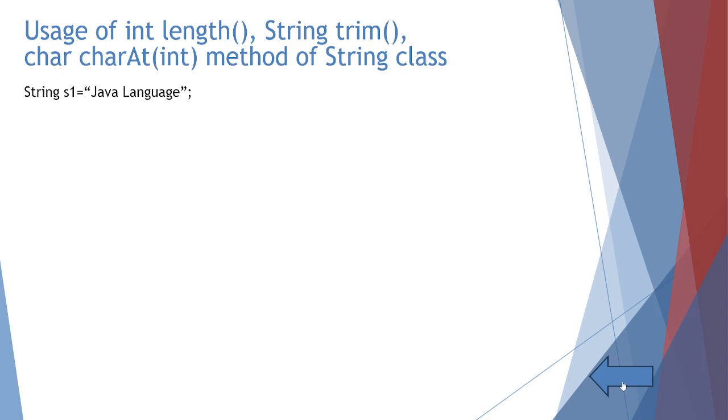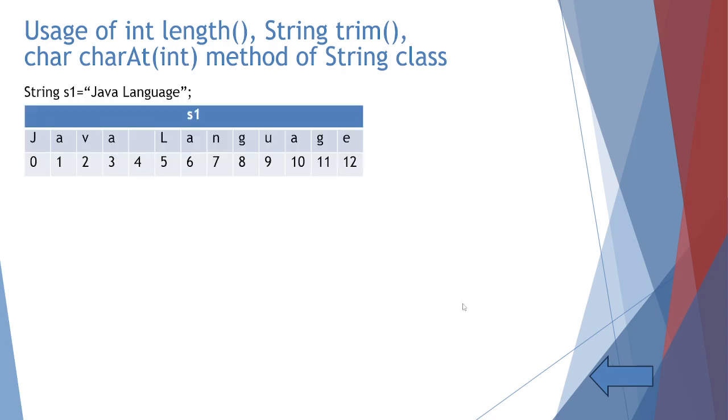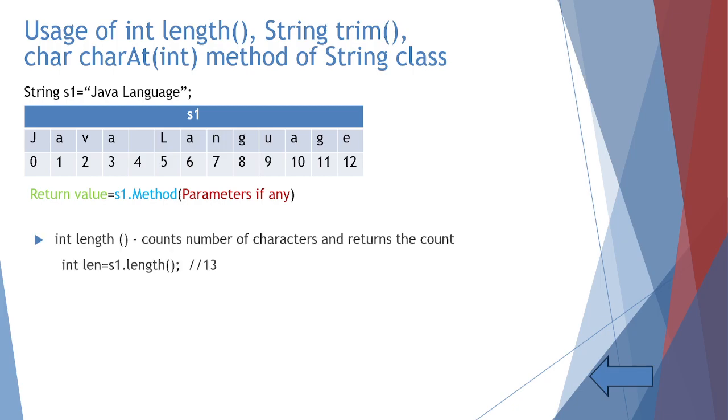Now, usage of int length, String trim, charAt. String s1 = "Java language", and this is the visual representation. We know that s1.method, parameters if any, and store the value in the return value data type we mentioned. So int length means it is returning an integer.